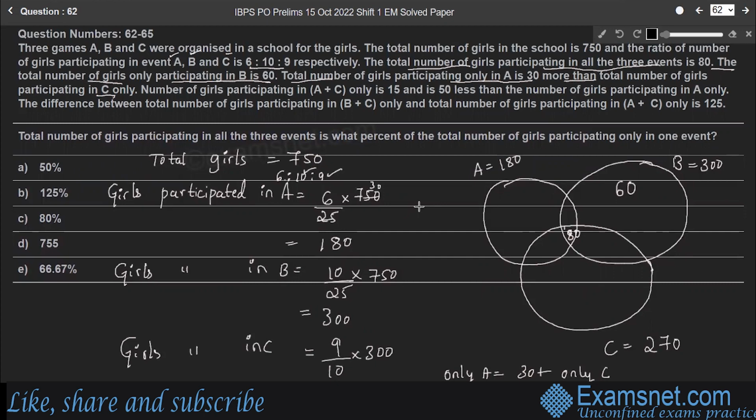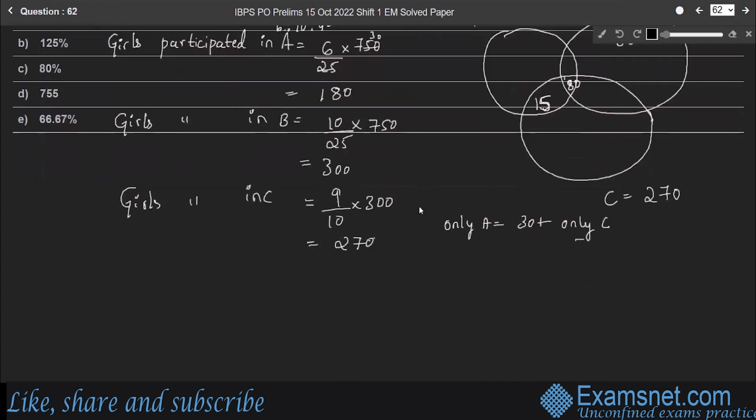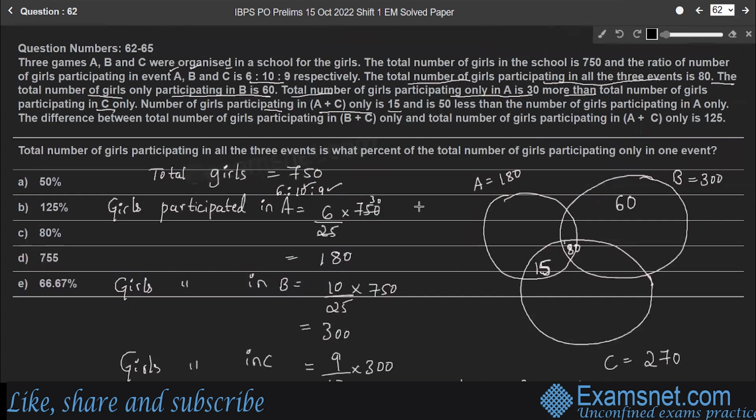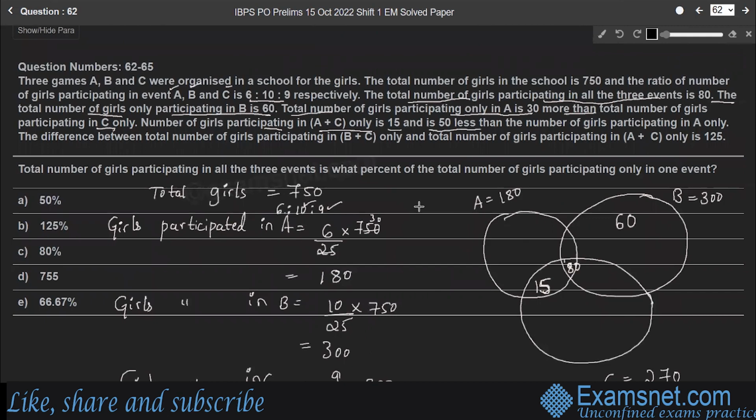Here, the total number of girls participating in A plus C only is 15. So A plus C means A intersection C. This A plus C only is 15, right? This portion. And the next point, it is 50 less than the number of girls participating in A only.